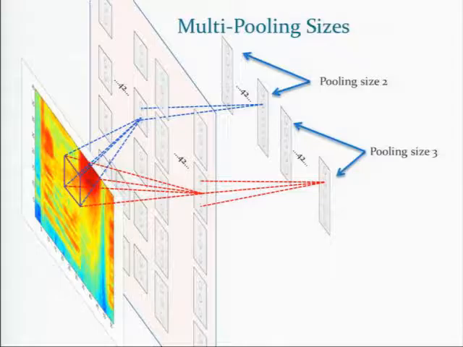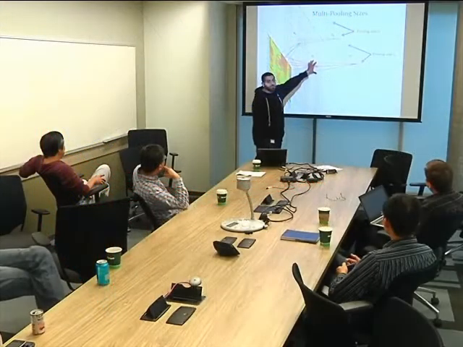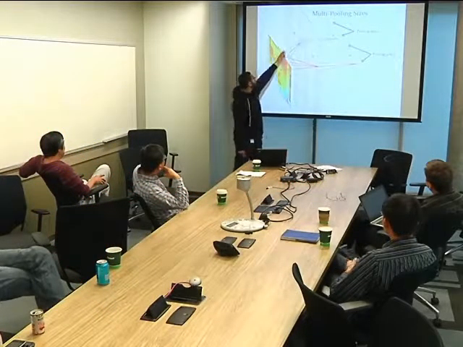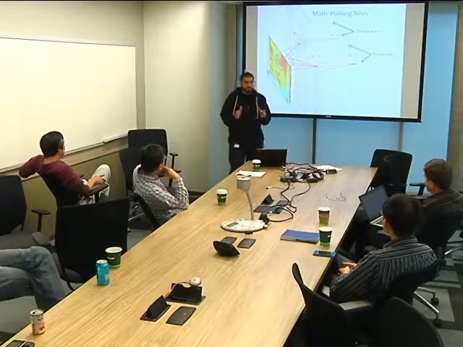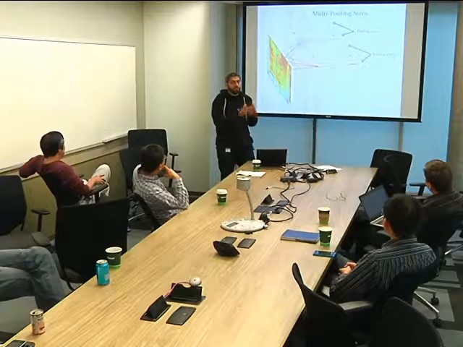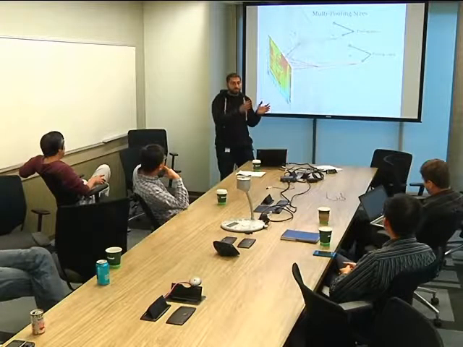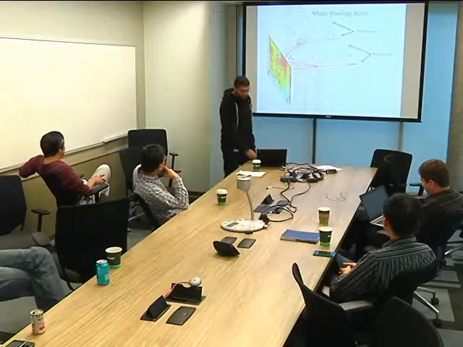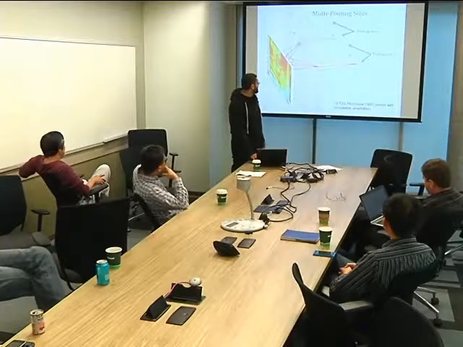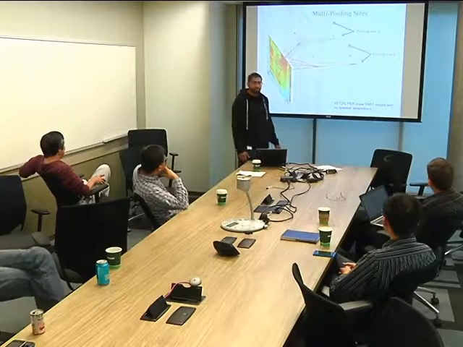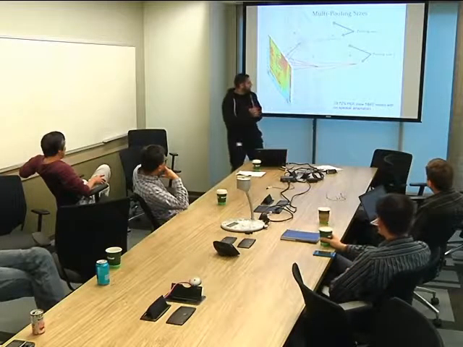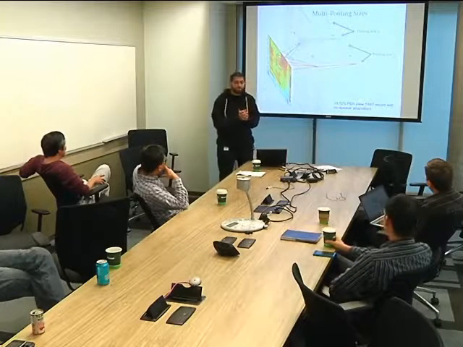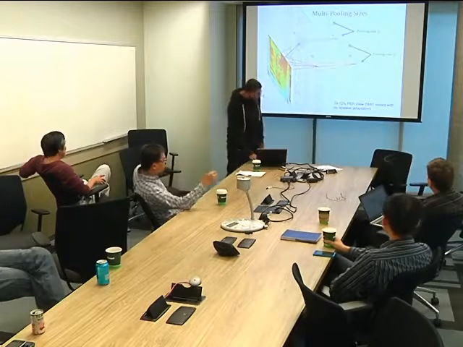Some of the feature maps have a pooling size of 3, and others have a pooling size of 2. In my experiments, I tried having many groups, each with a different pooling size, and for the best configuration I got some improvement, a 19.72 phone error rate on TIMIT, and actually this is a new record.